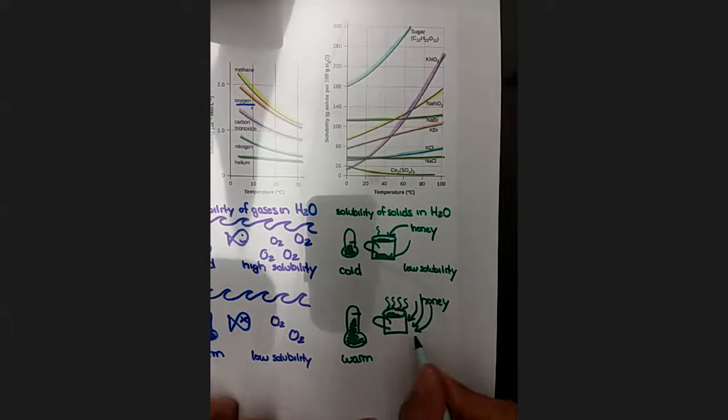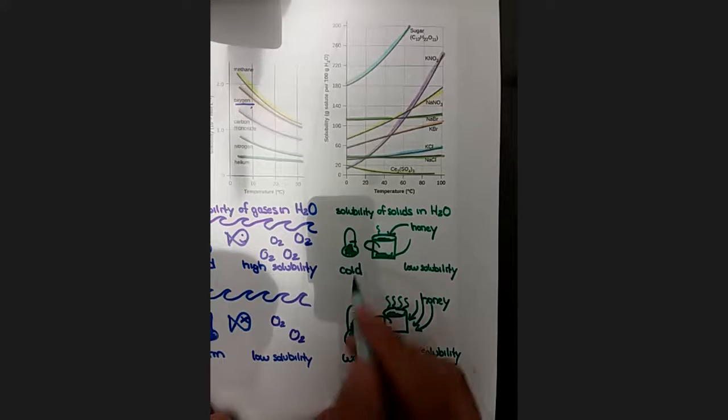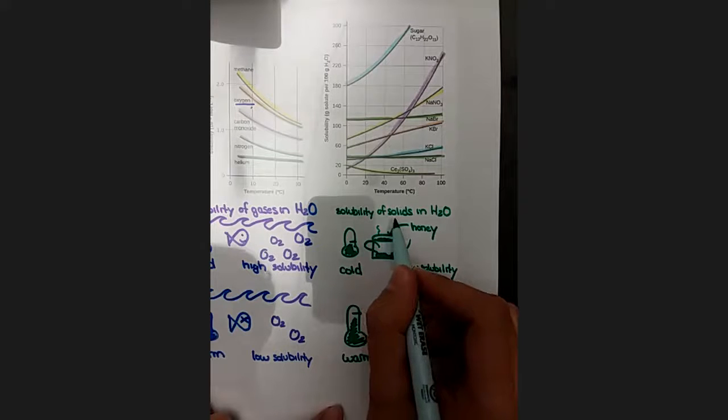We are going to be able to dissolve lots of honey in our warm tea because solids have high solubility with high temperature.